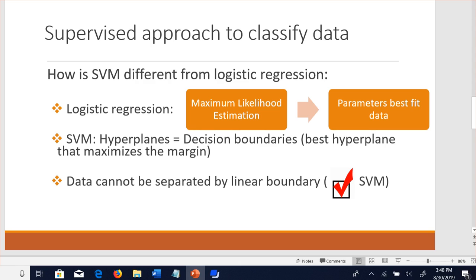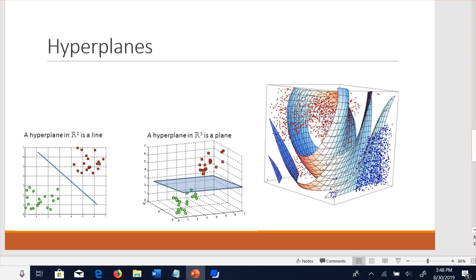Support vector machine can also be used when the data cannot be separated by a linear boundary, and I will show you what I mean by that. So, this is what hyperplanes look like.